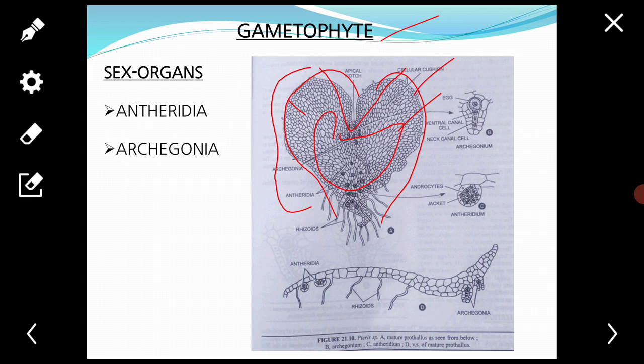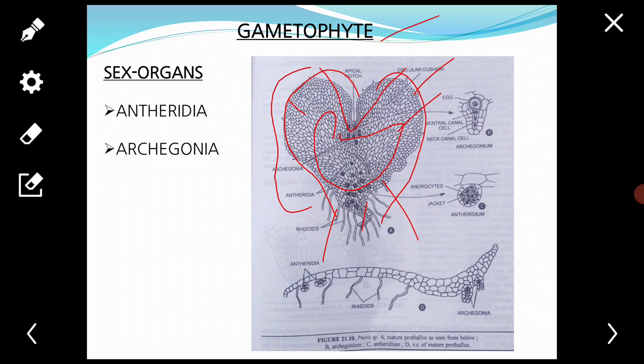Many unicellular, unbranched rhizoids arise from the ventral surface near the posterior end. The rhizoids penetrate into the soil and serve the function of anchorage and absorption of water and minerals. The rhizoids are hyaline but later on become brown.